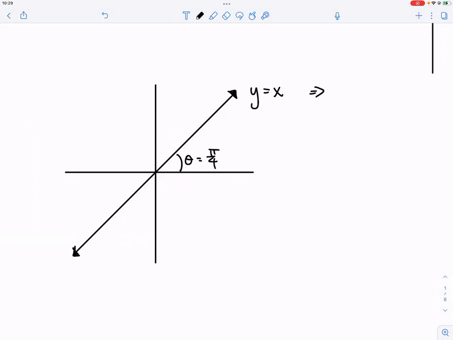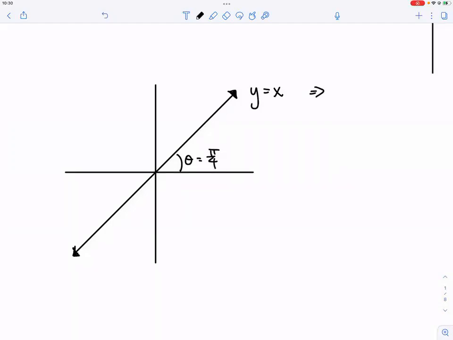This is y equals x, right? A lot of people kind of forgot this, so I want to bring it back up. Back in elementary school, did you learn that a line is composed of infinite points? So this little line y equals x is actually composed of many points.